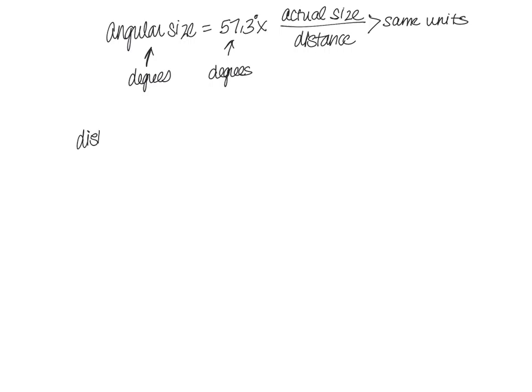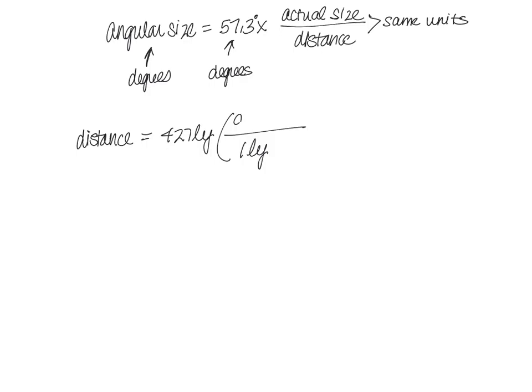In the problem, we're told that the distance to Betelgeuse is 427 light years. That's because Betelgeuse is very far away, and we use light years because that's a large unit of distance. However, we wouldn't want to measure the actual size in light years, so we're going to convert light years to kilometers.